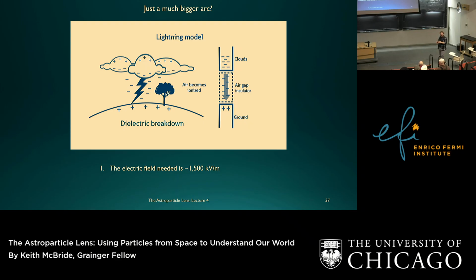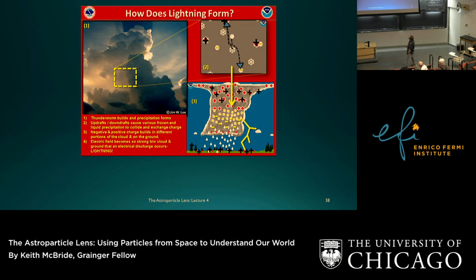So that's about half of the electric field that needs to exist here at the surface, right? One of the images I found shows how lightning forms. You have different charges accumulating at the top and bottom, positive at the top, negative at the bottom, mostly because of a process that allows ice crystals to go up and down, which has charge exchange.